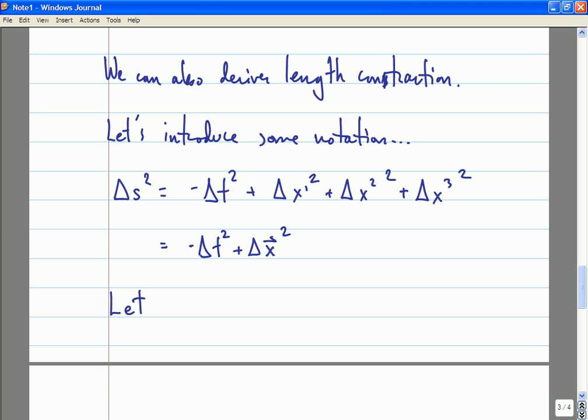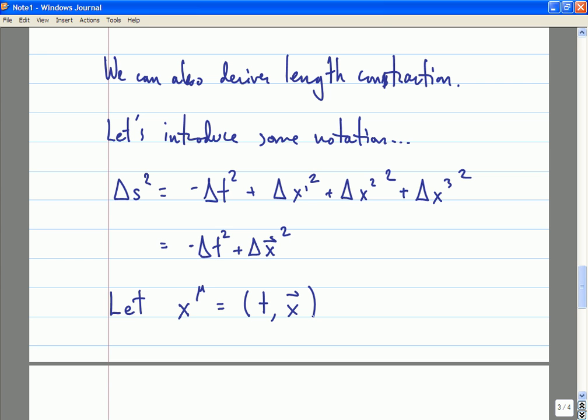is introduce a notation where I define the 4-vector x mu, well, it's not really a vector, but the set of 4 quantities x mu to be the packaging of these 4 quantities t and the 3-dimensional vector x into one single symbol.